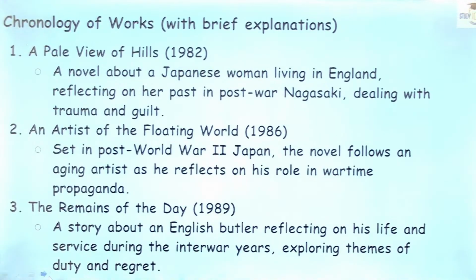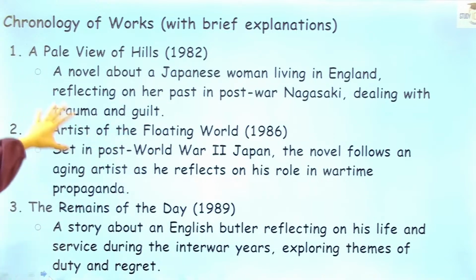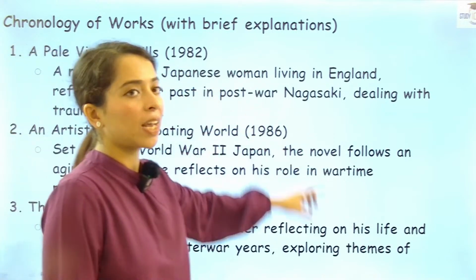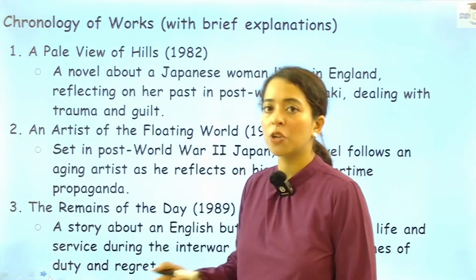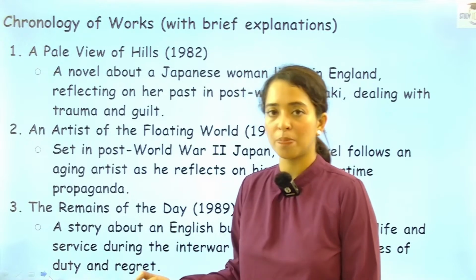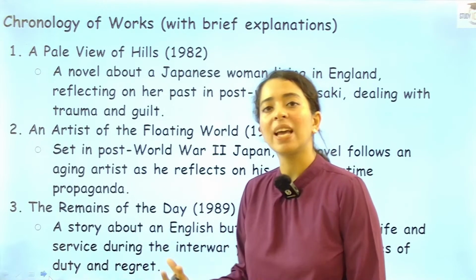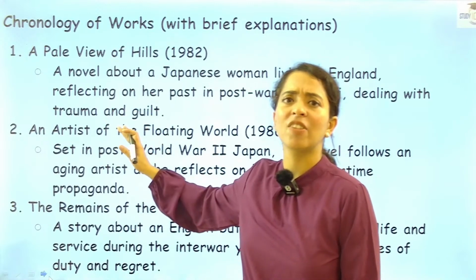Okay, so what is the chronology of his works? A Pale View of Hills, 1982, a novel about a Japanese woman living in England. Guys, Kazuo Ishiguro is very important. Being a writer from the East, that is Japan, his importance is very high. He won a Nobel Prize. So please, Kazuo Ishiguro, very likely that it will be asked in the exam.